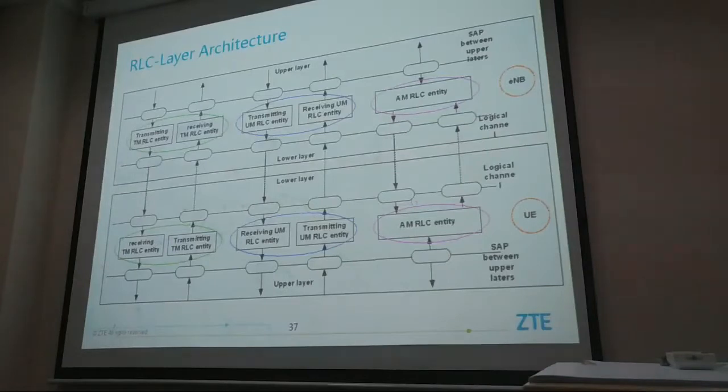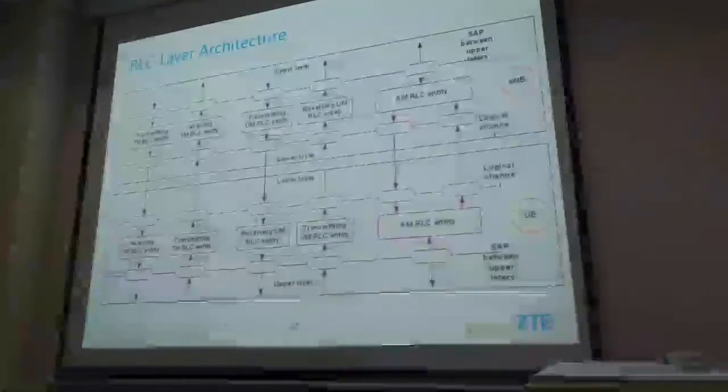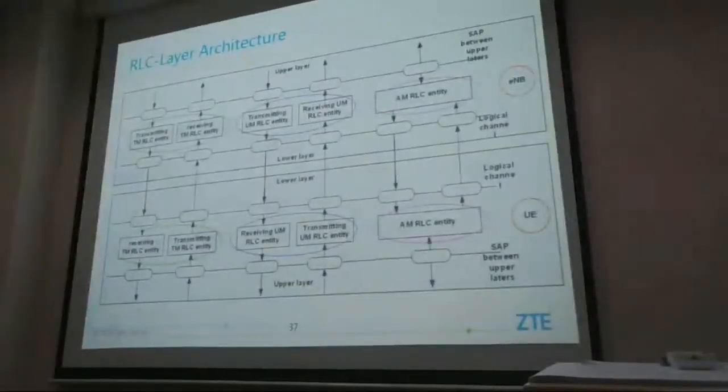If we use ARQ, we name this AM mode, the acknowledged mode. If there is no ARQ procedure, that means we don't need to give feedback, so we name it UM, unacknowledged mode.